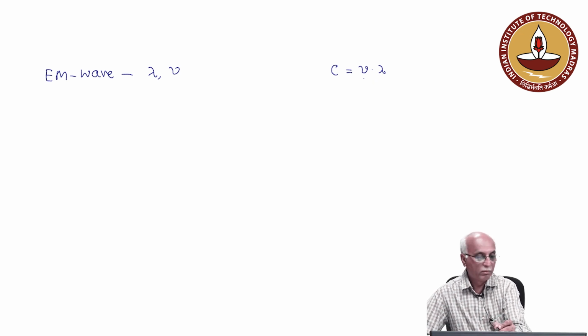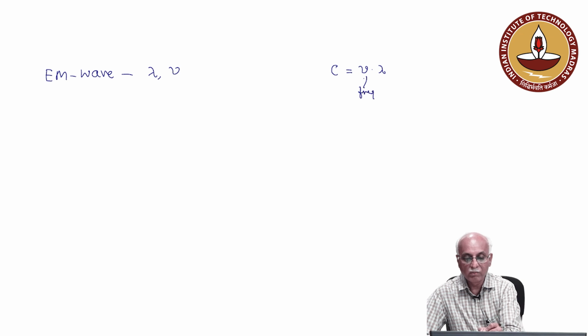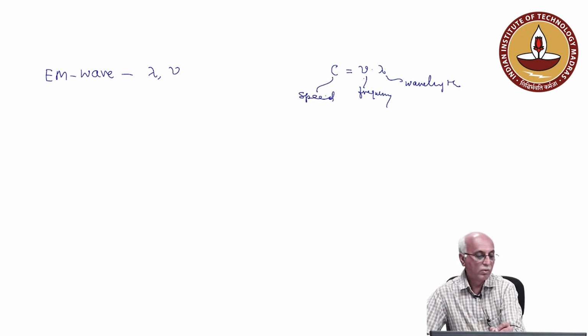Frequency is given by nu, wavelength is lambda, and the speed of the electromagnetic wave is c over here.